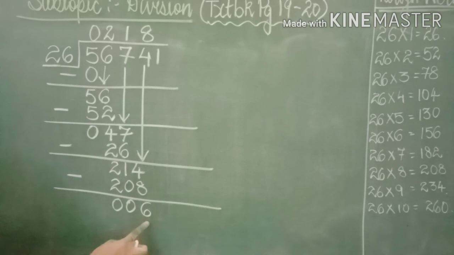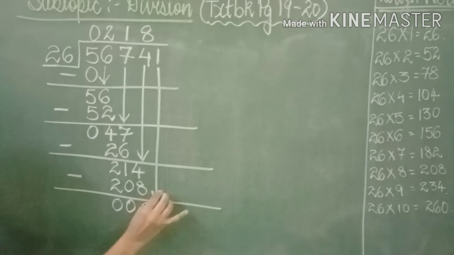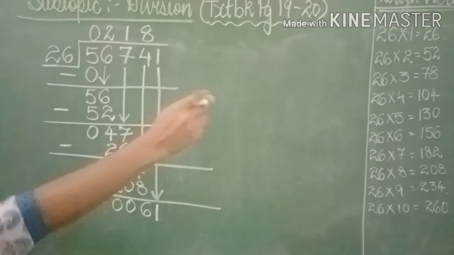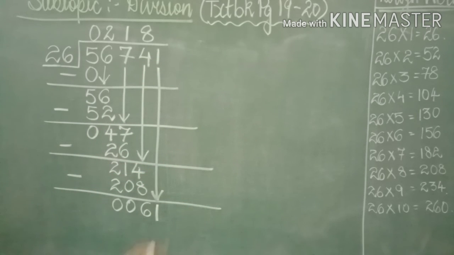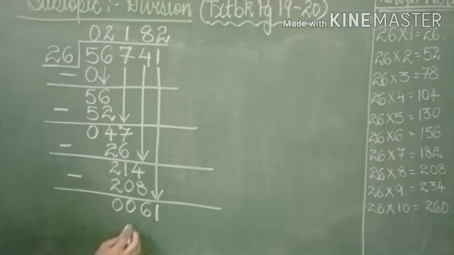Now what we will be doing after we get the 6, we are going to write the next number, that is number 1. And as you can see 26 3s is 78 and 26 2s is 52. So what we will be writing? 26 2s is 52 and we will write minus and we will get the last solution, that is number 9. Now what is this number 9?